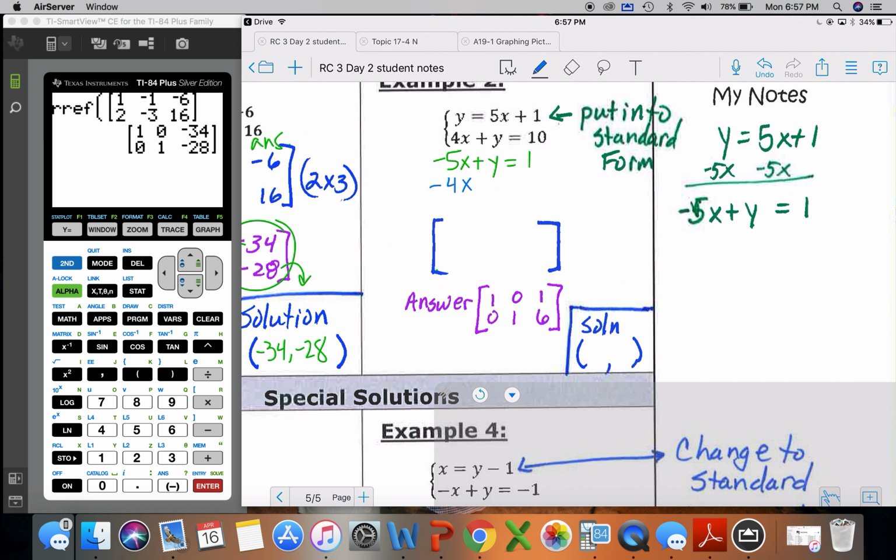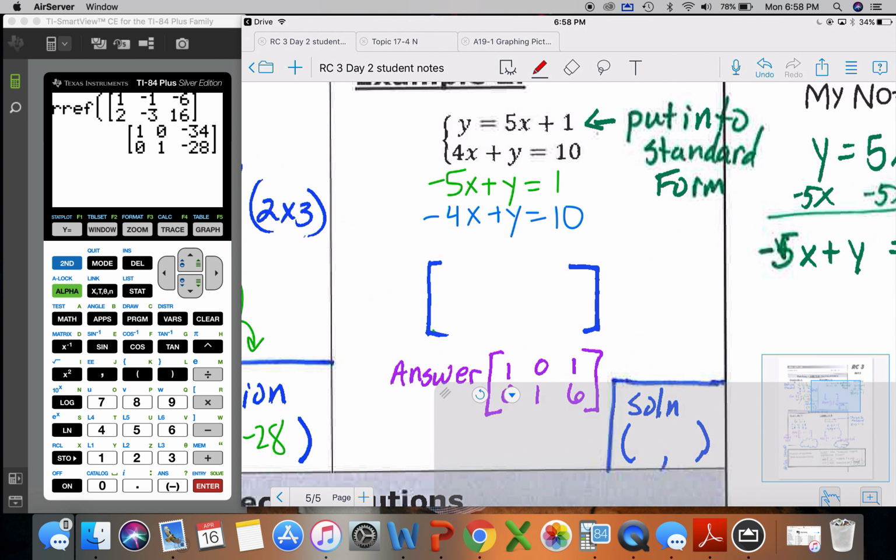And my original equation, and you don't necessarily have to rewrite these, I just want you to see exactly where my numbers go. So I plug my numbers in with no letters exactly like I see them. So I see -5, 1 in front of the y, 1, -4, 1 in front of the y, and 10.